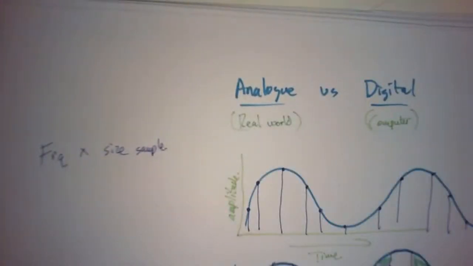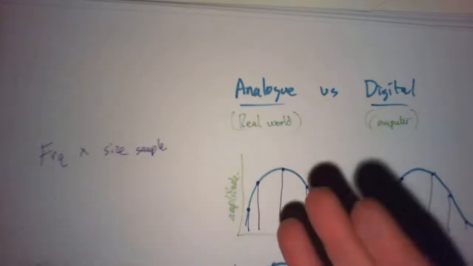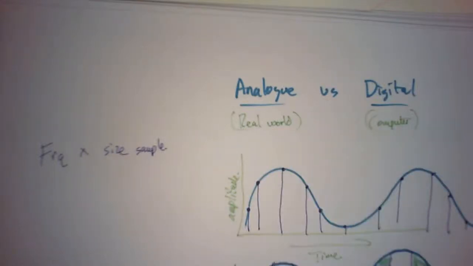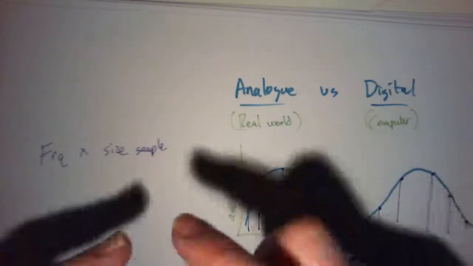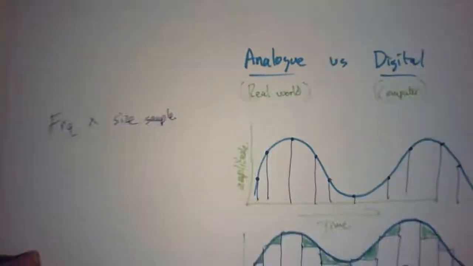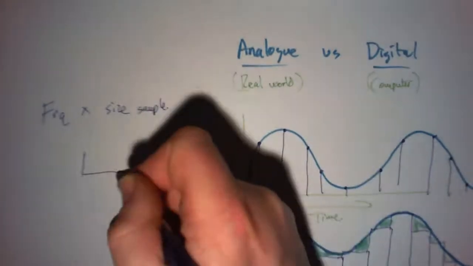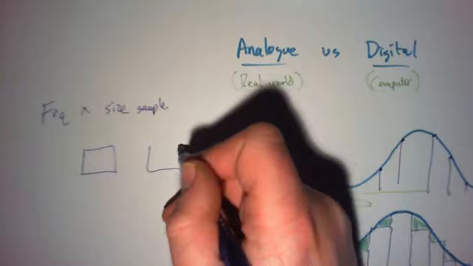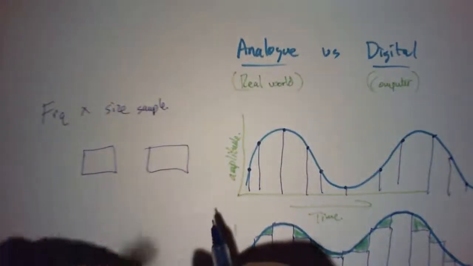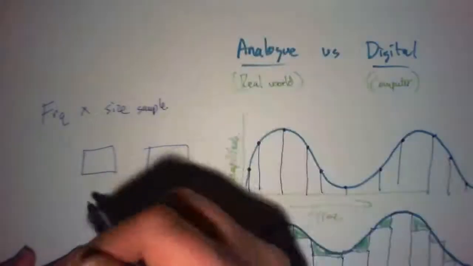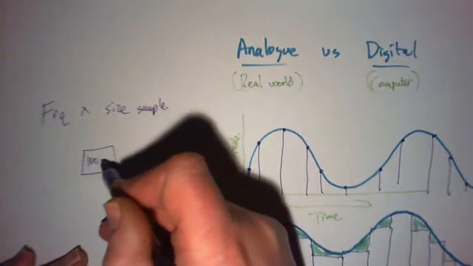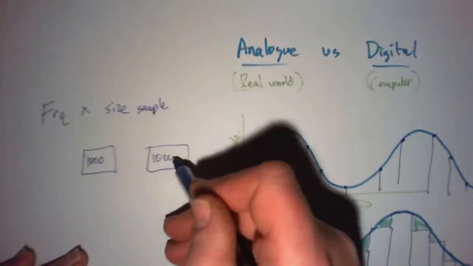Okay. Also increasing the sample size means it picks up quieter sounds, even if they're happening at the same time as louder sounds, because you have more to work with. So, for example, let's take two imaginary data blocks. Okay, so this one contains 1,000 bits, and this one contains 1,000,000 bits.